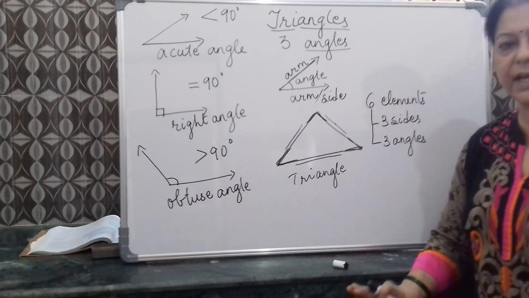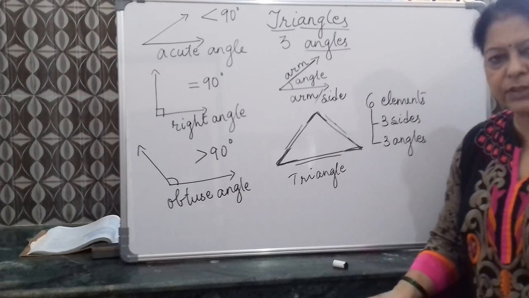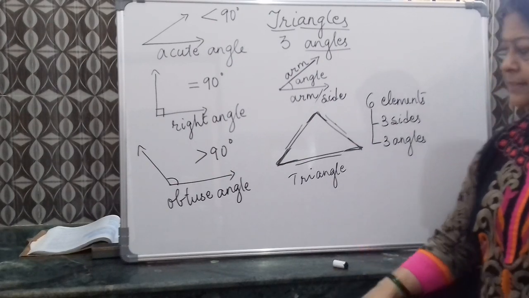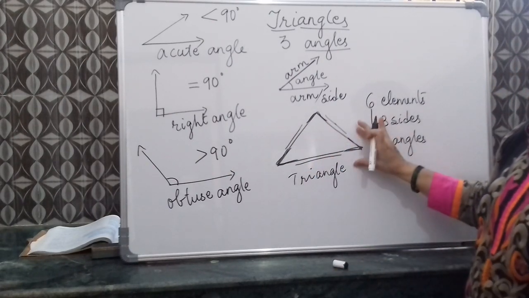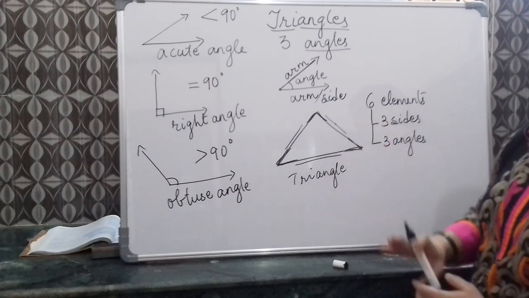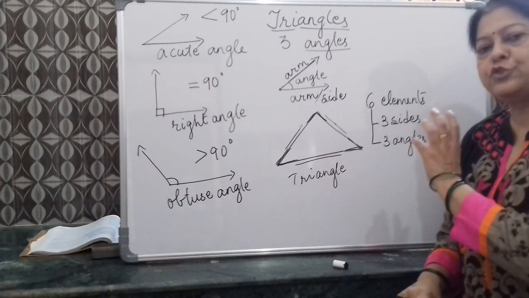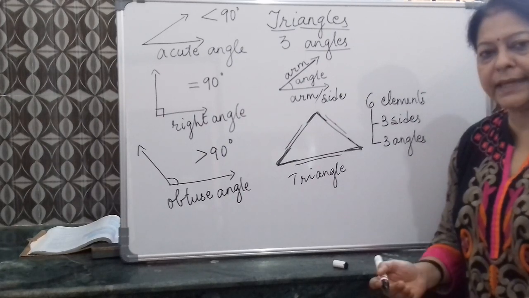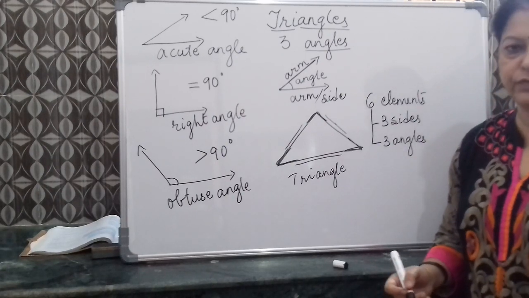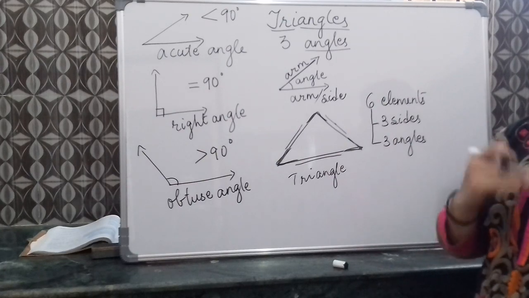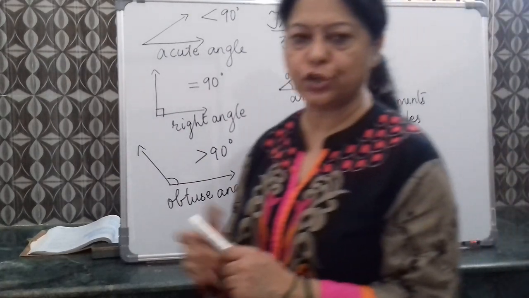So basically a triangle is a closed figure having 3 sides and 3 angles. Now with this triangle and the angles which I have shown you, we can get different types of triangles. Now what are those different types of triangles? Let us talk about them.